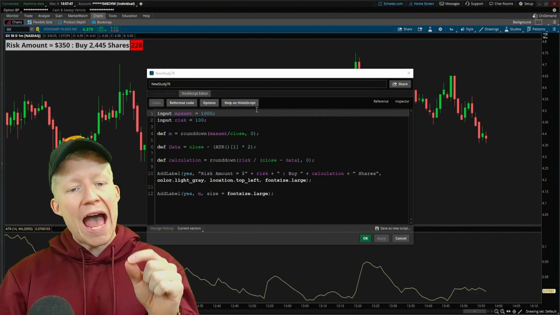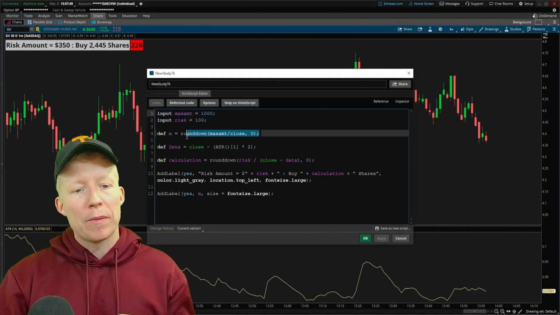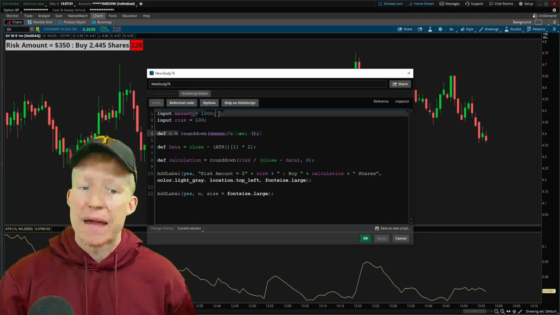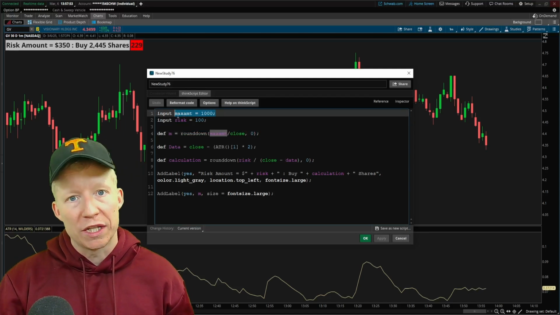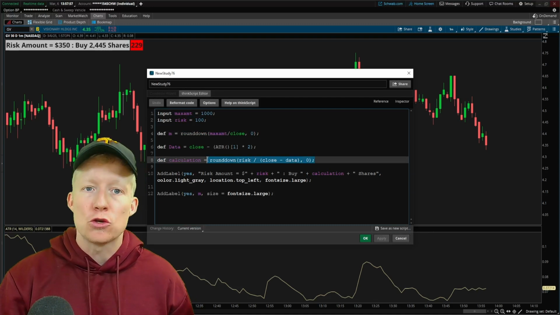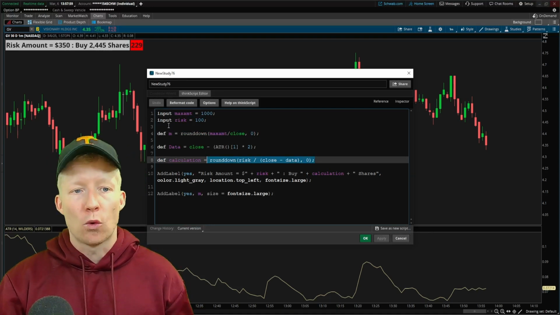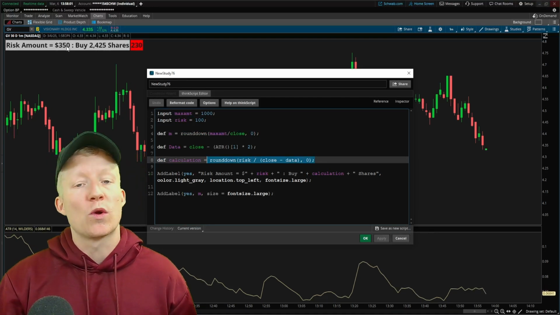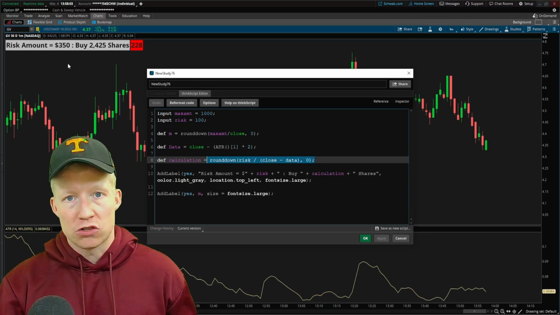So now we have the value for how many shares we can afford based off of the max amount we are willing to trade with this strategy. And we have the value for how many shares we can afford based off of what we are willing to risk in this strategy.